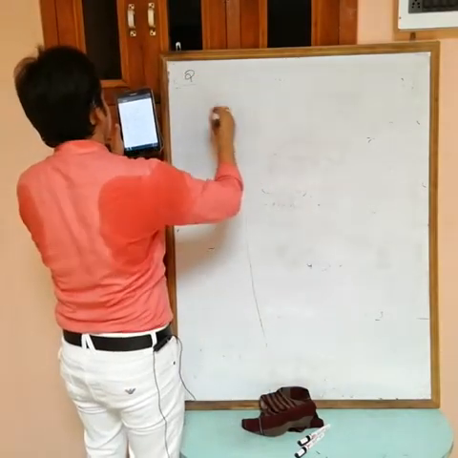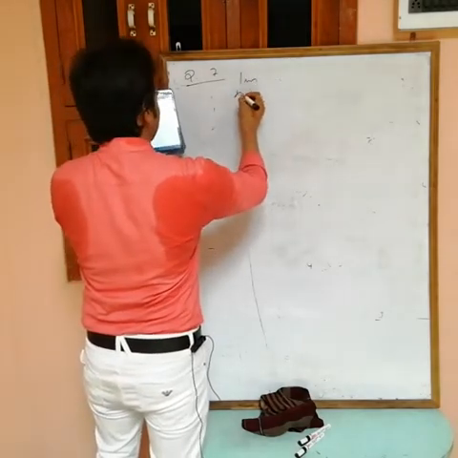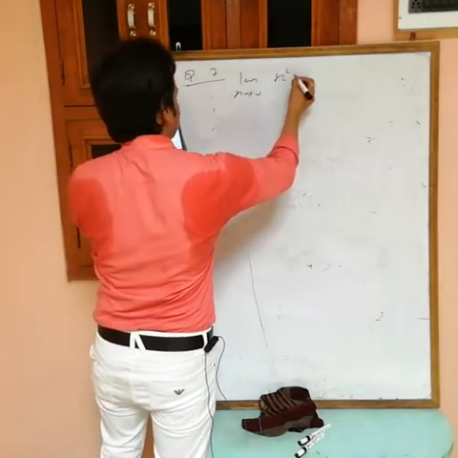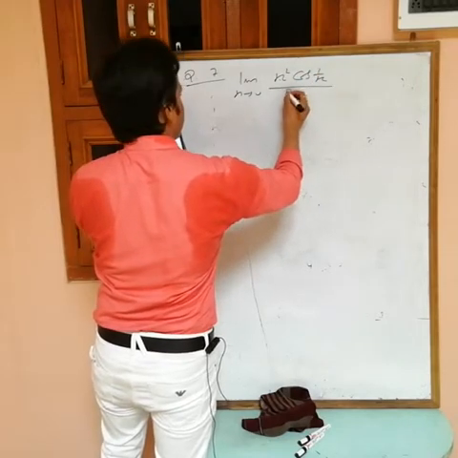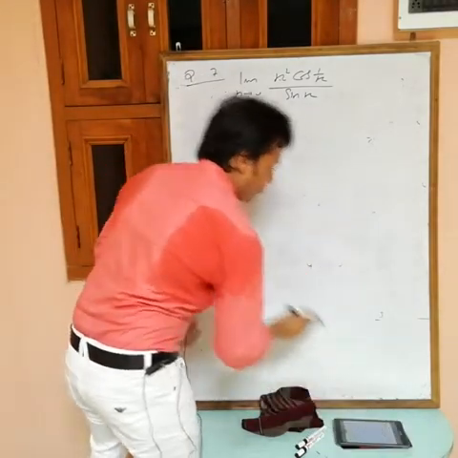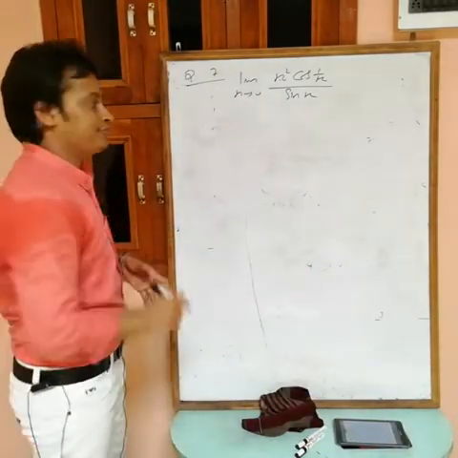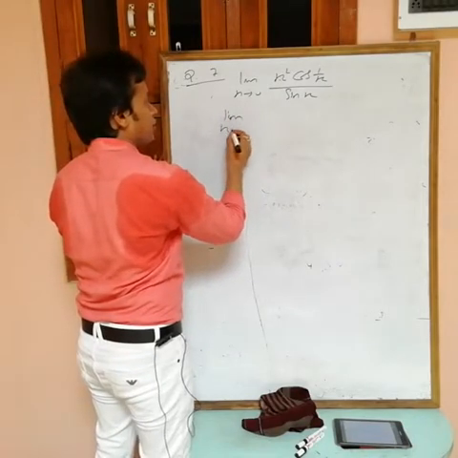Okay, next question number 7. Limit x tending to 0, x square cos 1 by x by sin x. Now limit x tending to 0.